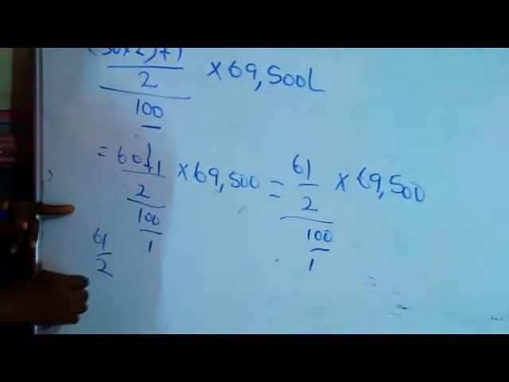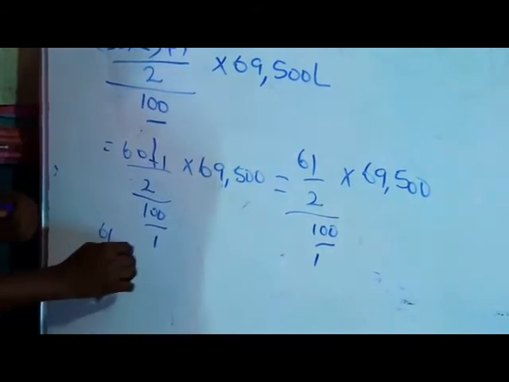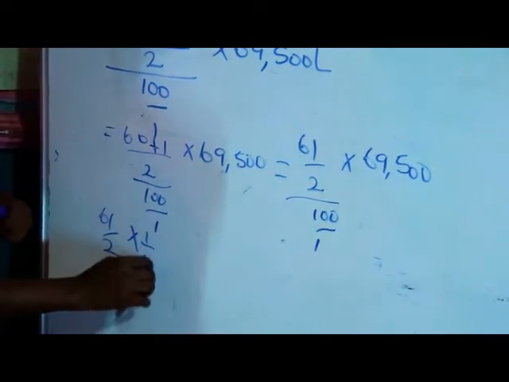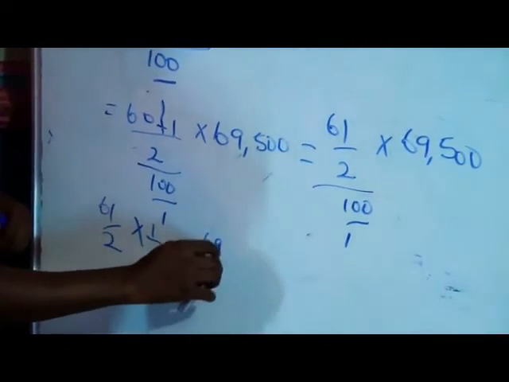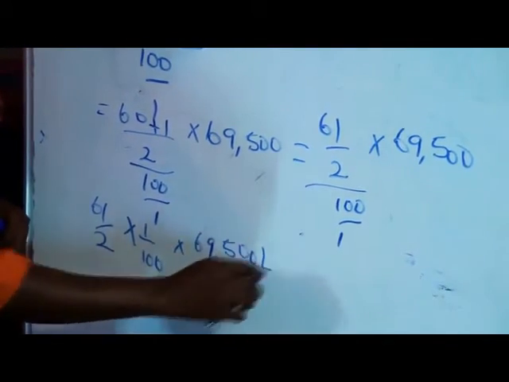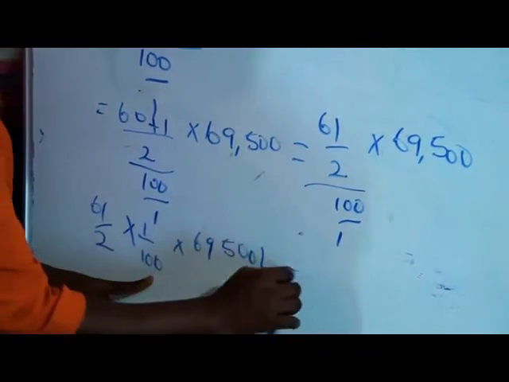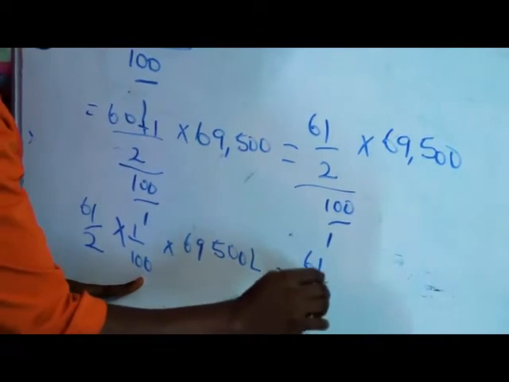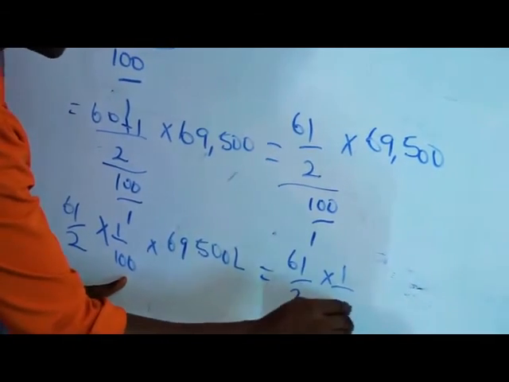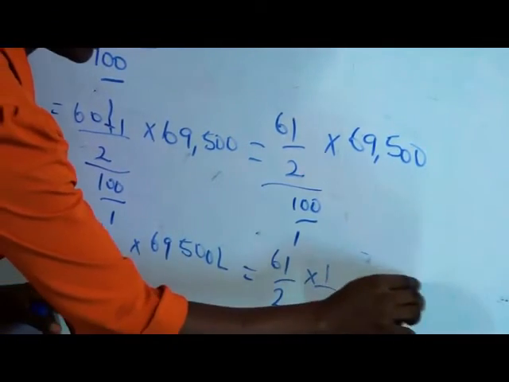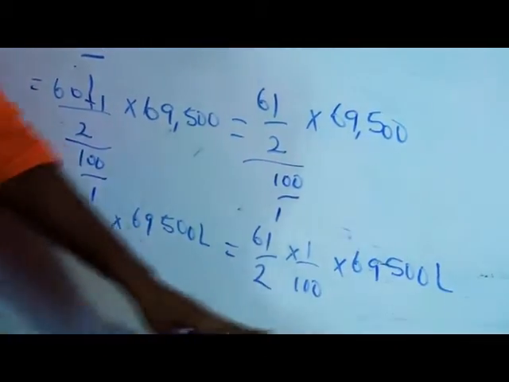61 all over 2. Take the inverse of this, times 1 over 100, times 69,500 liters. Now 61 all over 2 times 1 all over 100 times 69,500 liters.